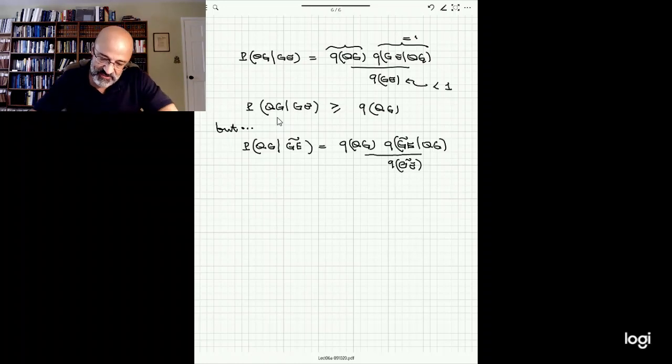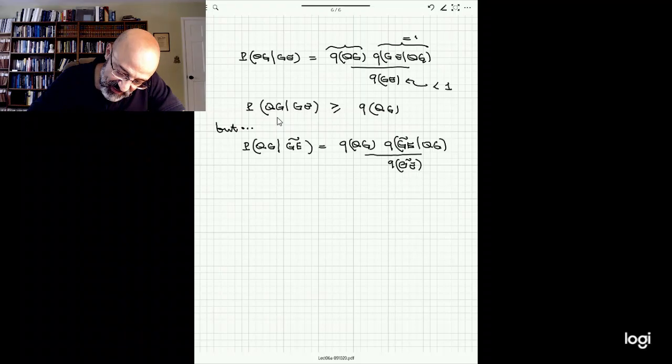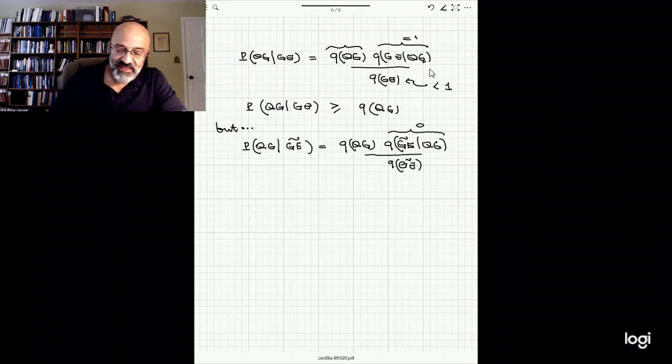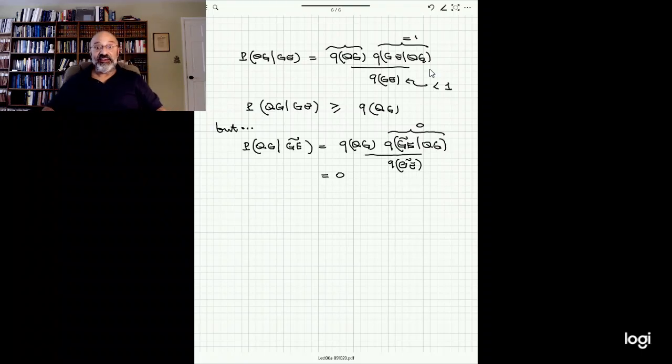Now this is interesting too, because if this factor up here is equal to 1, then this factor down here is equal to 0. So what this means is that if what you observe is that there is no entanglement due to gravity, then gravity itself cannot be quantized.